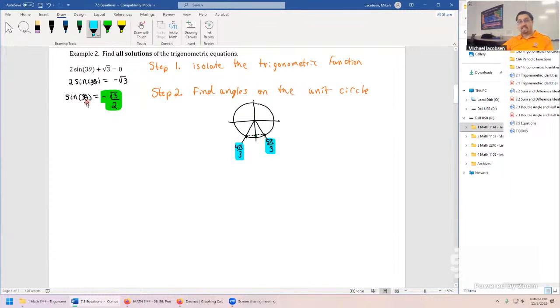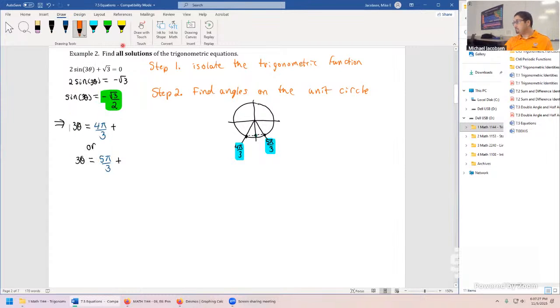So we found two main solutions, pretty much just mirroring the last problem. The only difference is this time we have to say 3 theta equals both of these values. So this now implies 3 theta is equal to 4 pi over 3. The story isn't over, so I'm going to put plus here and come back to it. Or 3 theta is equal to 5 pi over 3 plus, and then this is where we involve periodicity.